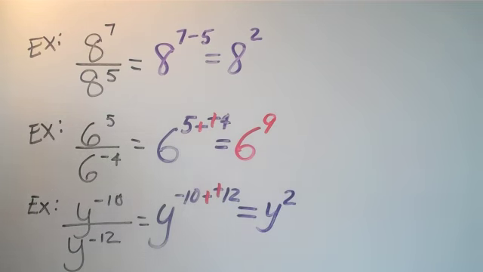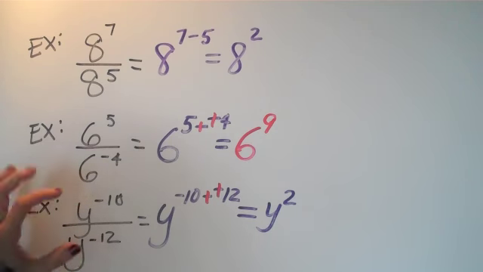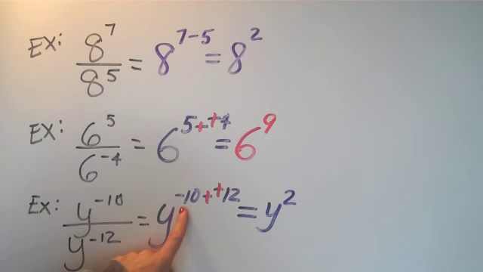So you're writing the y, and you're bringing the exponents over, negative 10 minus negative 12, right? And what you have to do there is change the minus a negative to plus a positive, because it's keep, change, opposite, right? Equals y to the 2nd power, okay?